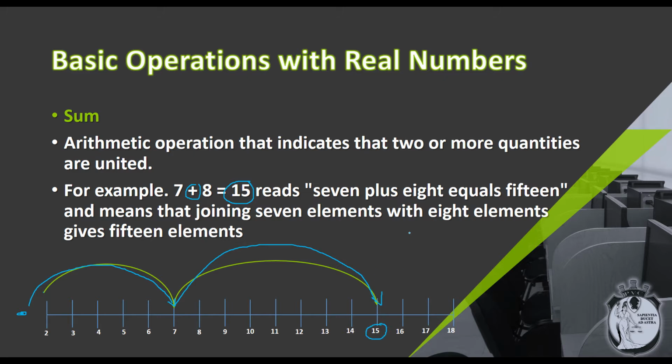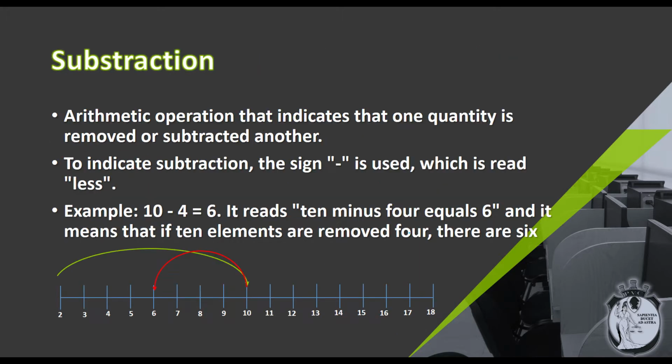It is only a review about the basic operations that you know. Subtraction is a rest, an arithmetic operation that indicates that one quantity is removed or subtracted from another. You need to use the sign minus.